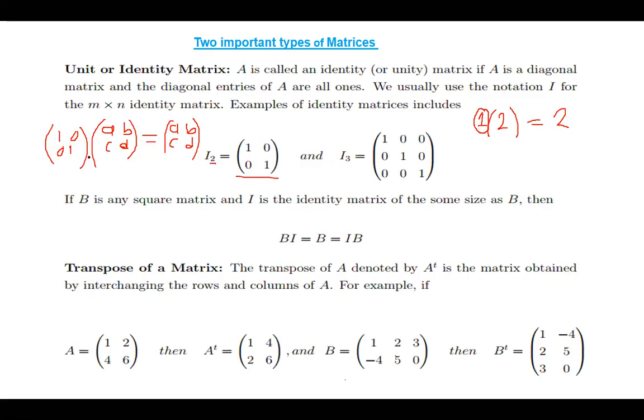So this identity matrix is just a special one in matrices. This is what is being talked about here. When you multiply B times I, you still get B. And it's just the same as multiplying I times B, you get the same B.